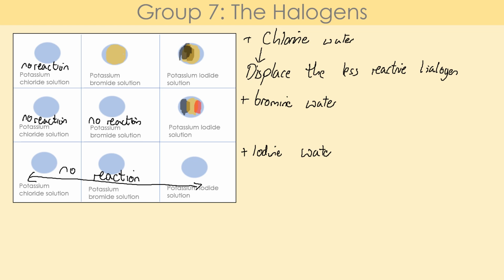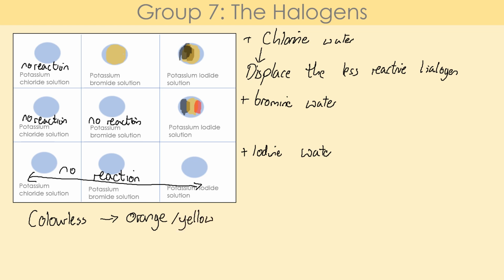Now, things you might be asked to do are to explain this experiment. You get your potassium bromide and we add chlorine, bromine and iodine waters and look for the colour change. You may be asked to say what colour change you get. For your colour change, you go from colourless to, for our bromine, sort of an orange colour or orangey yellow.